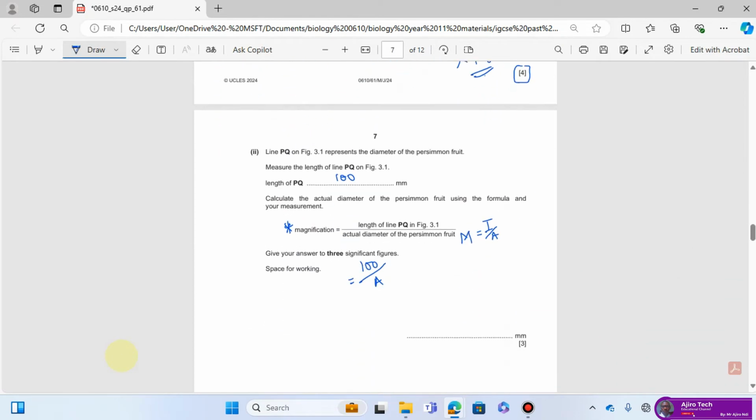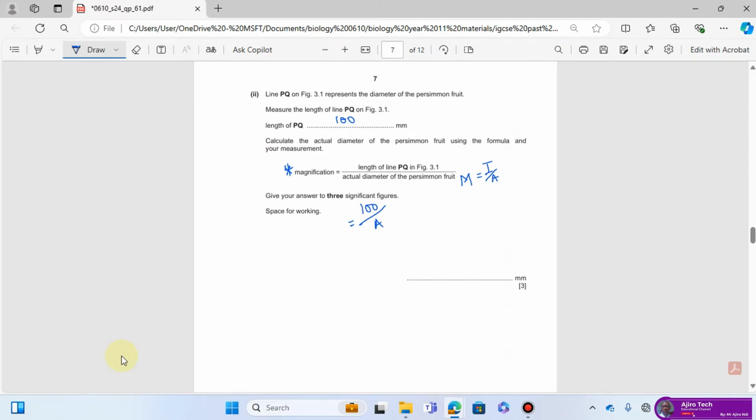So we are asked to find the actual size. So with A being the subject of the formula, we have 100 over 2.2. Now they said the answer should be in what significant figure. So whatever you have must be to three significant figures.